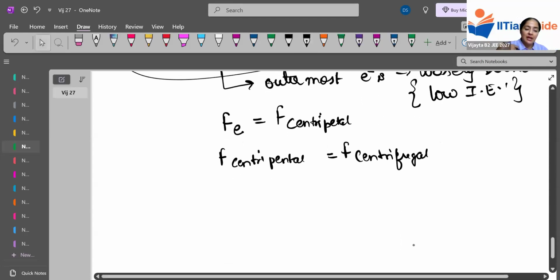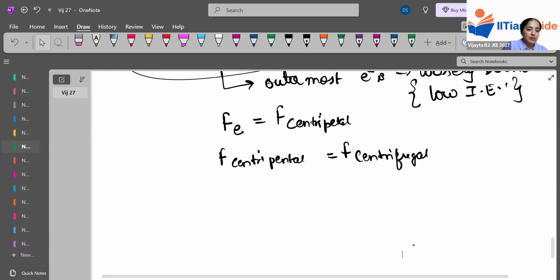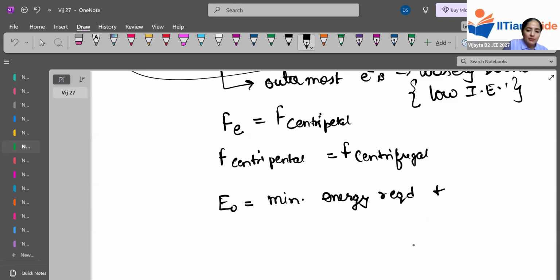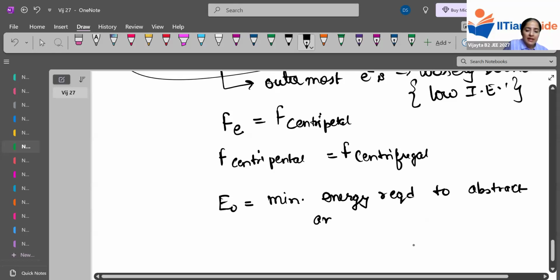So if I have to talk in terms of the energy that I have to give according to the photons, let's say E naught is the minimum energy required to abstract an electron from the outermost shell of an atom, right?